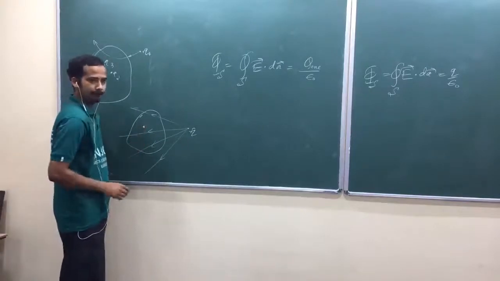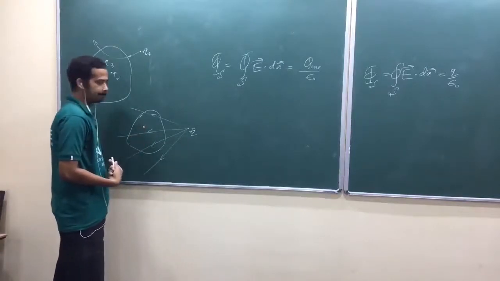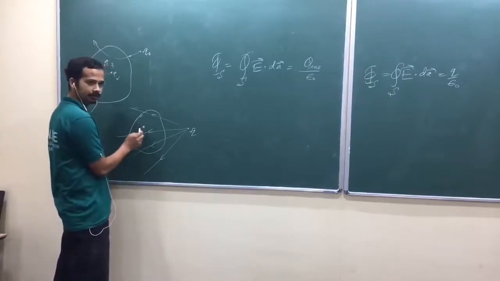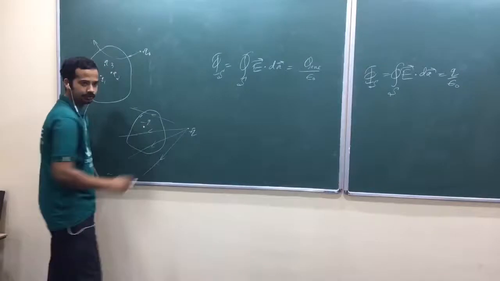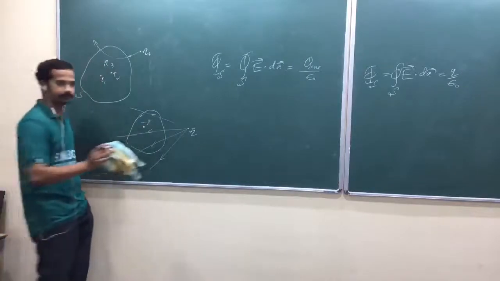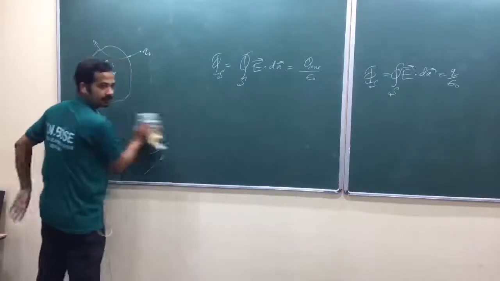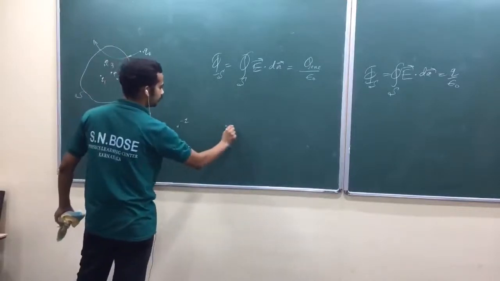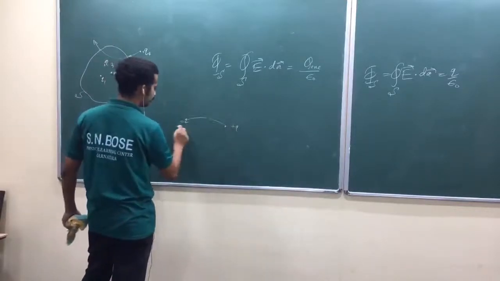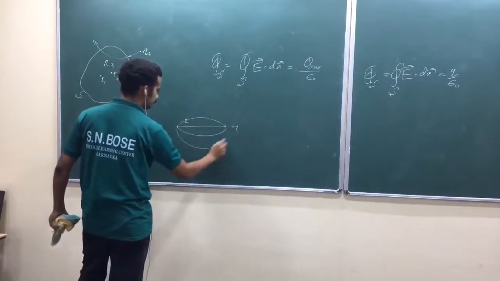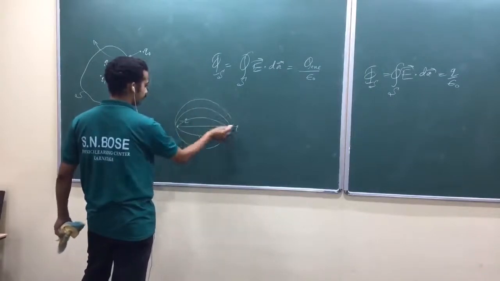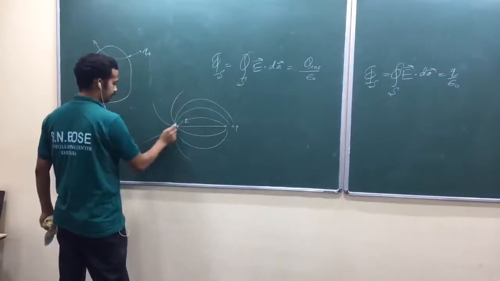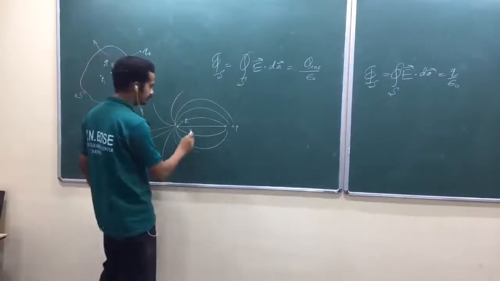Okay, this is minus Q. Minus Q, okay. Then also, you are taking minus Q plus Q. Am I right? It's a kind of dipole. Like this, isn't it?